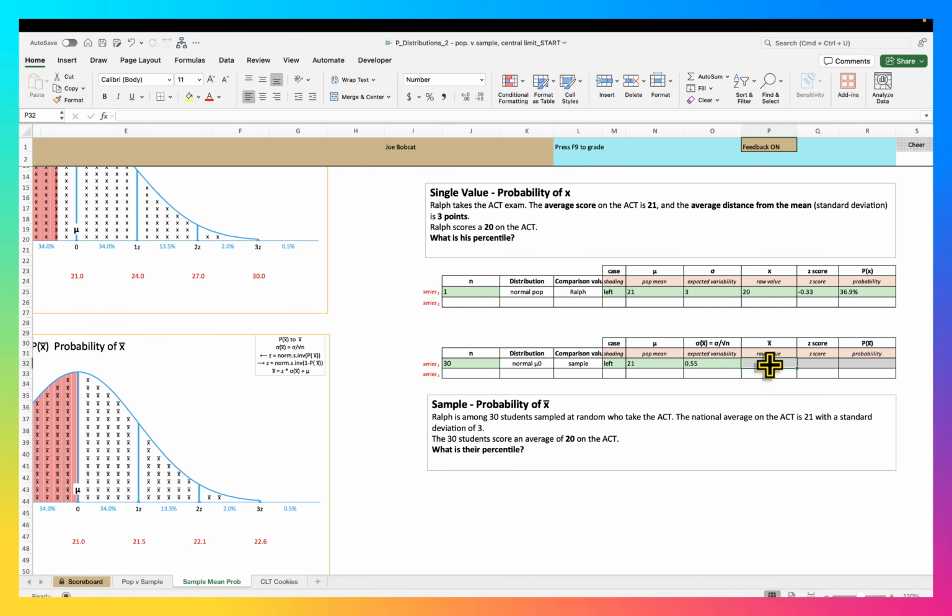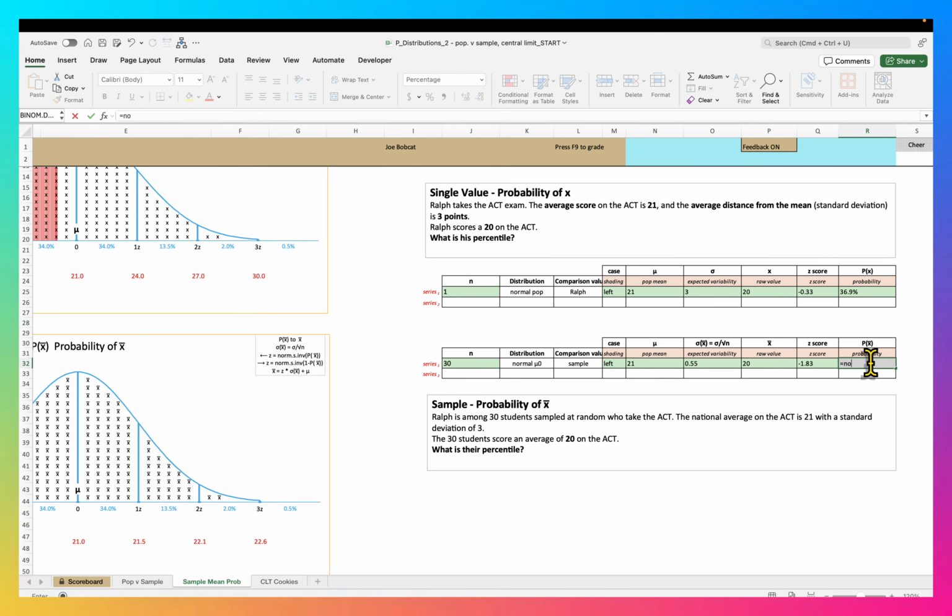Alright, x bar is 20, so it's going to be the same, with the average of the group, same as the average for Ralph. But the z-score is also going to be very different. So it equals x minus mu divided by this new expected variability. So a much more extreme z-score, from negative 0.33 to negative 1.83. And that's going to result in a much lower probability.